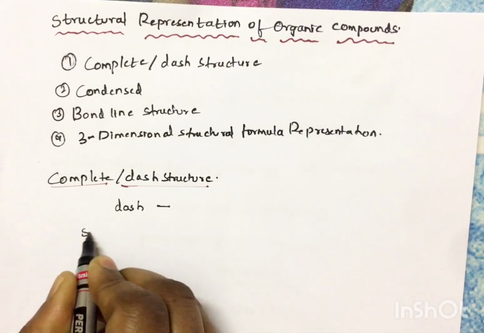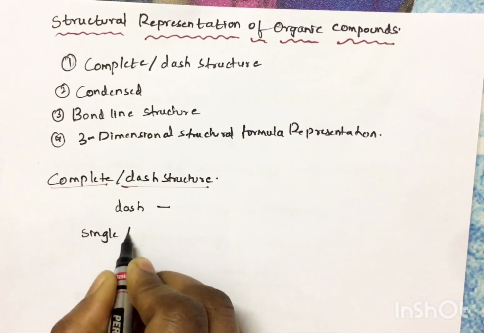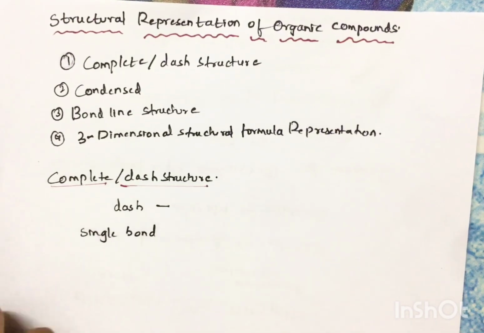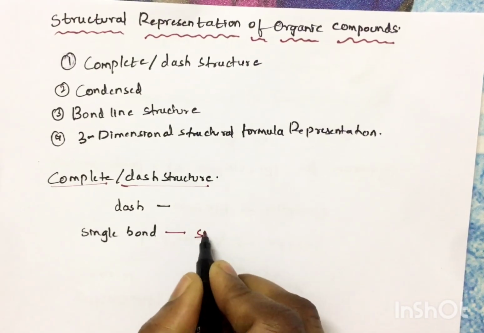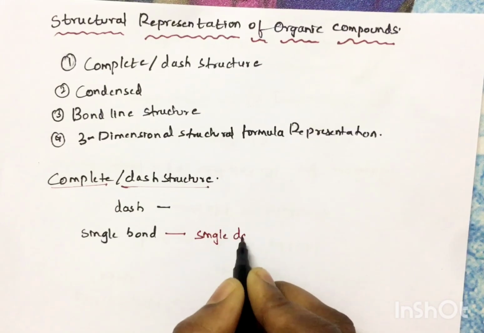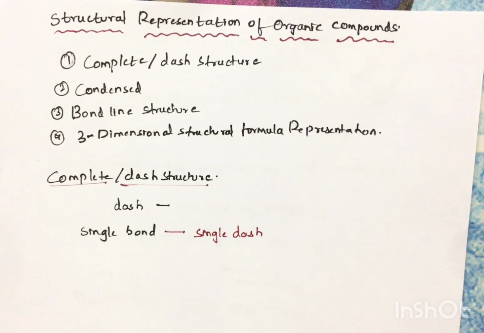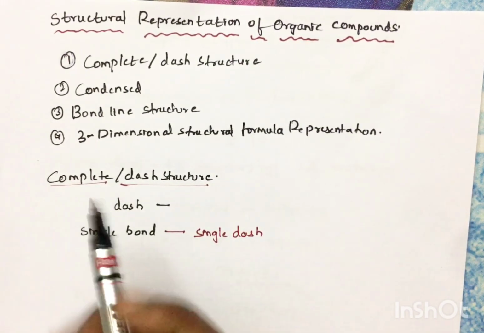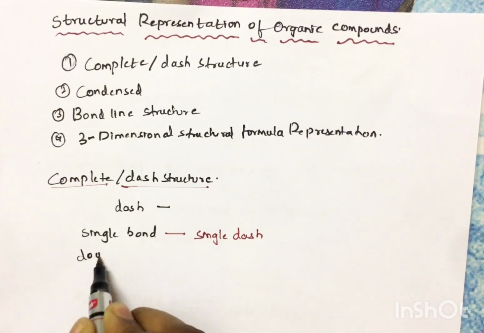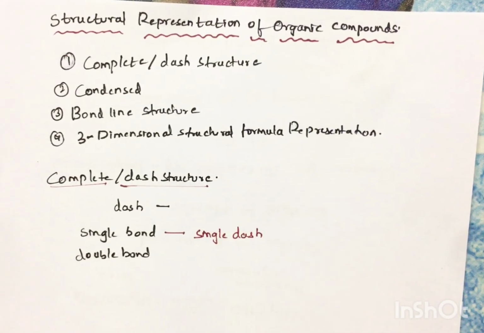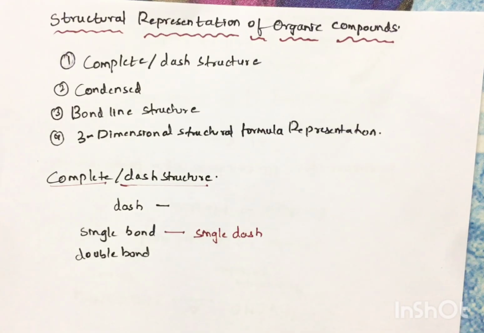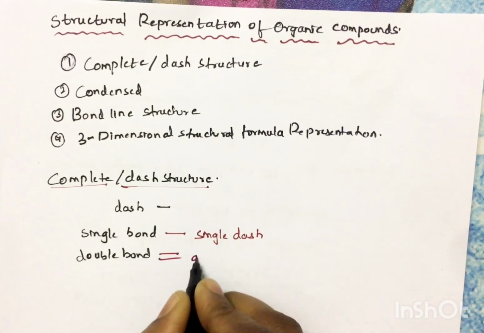If the bond present is a single bond, then it is represented by a single dash. If the bond present between the atoms is a double bond, then it is represented by a double dash.